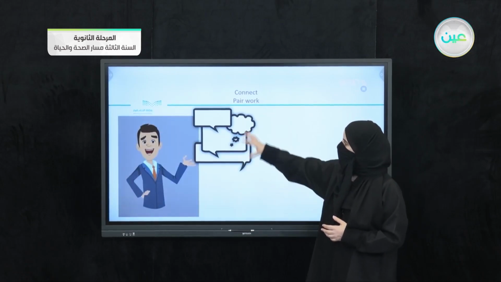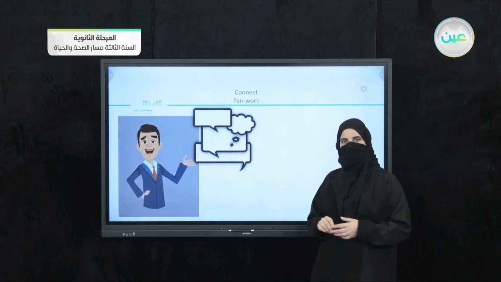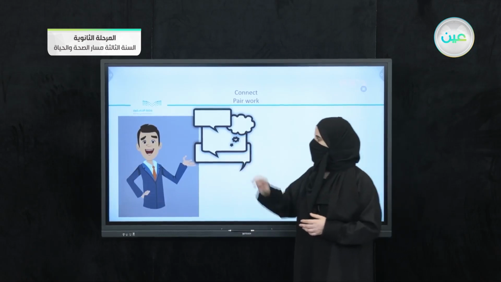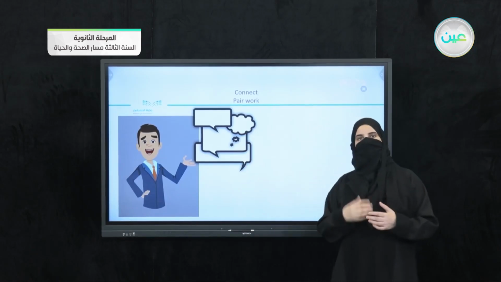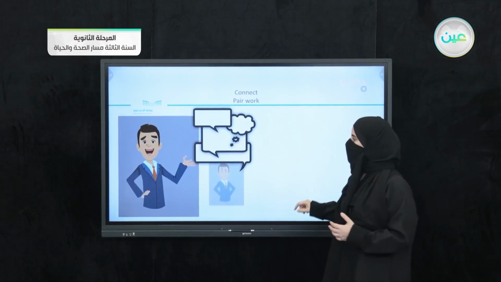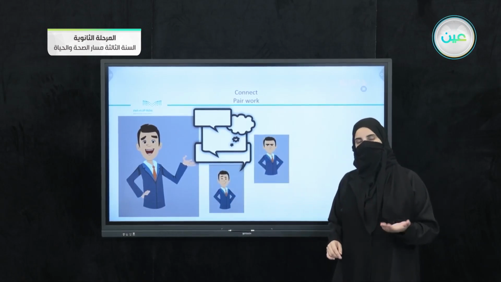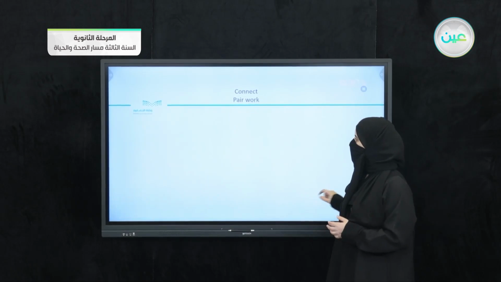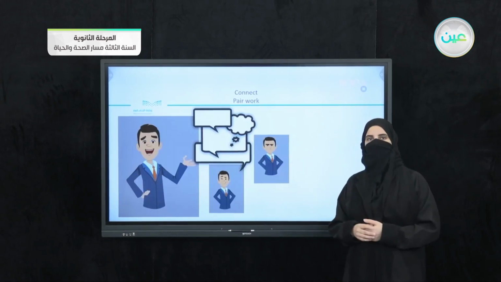If you can see, we have here some different speech balloons. You can see that this man here is talking. Maybe he's giving an opinion. He may be happy, agreeing with you in something, or disagreeing, as we can see in this picture.